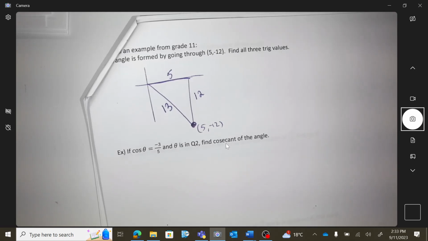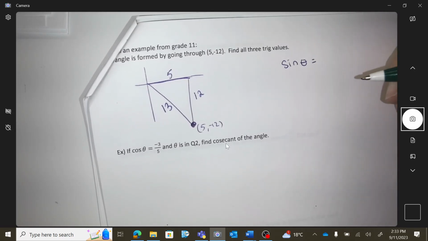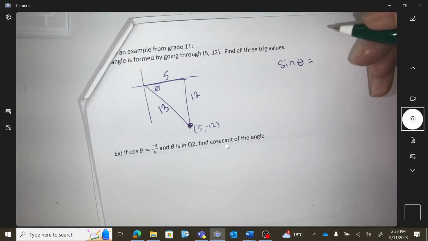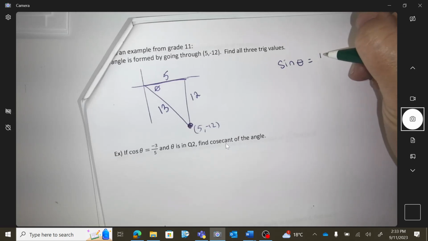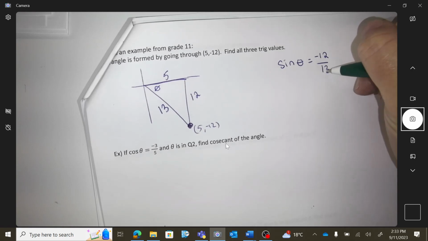Okay, let's do the order of "so you're really cute, X-rated, thank you." So sine of this angle is what over what? So sine of this angle is negative 12 over 13.